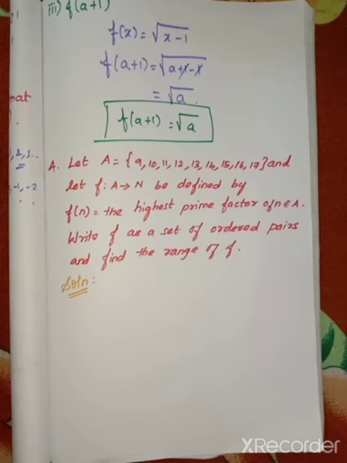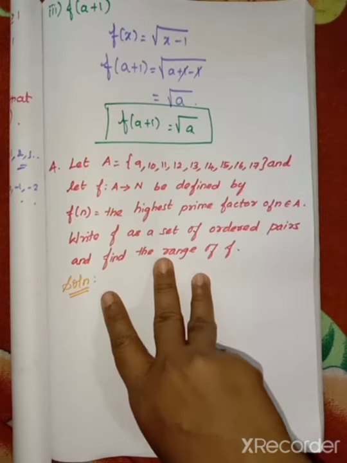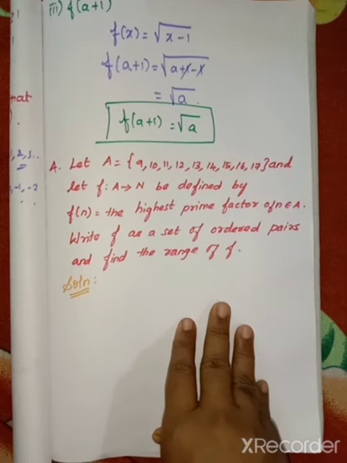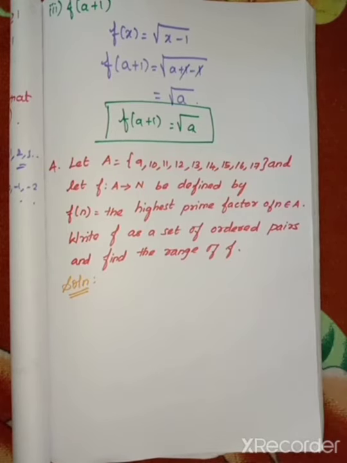Fourth question: let A equal to the set of 9, 10, 11, 12, 13, 14, 15, 16, 17, and let f from A to N be defined by f of n equal to the highest prime factor of n, where n belongs to A. Write f as a set of ordered pairs and find the range of f.